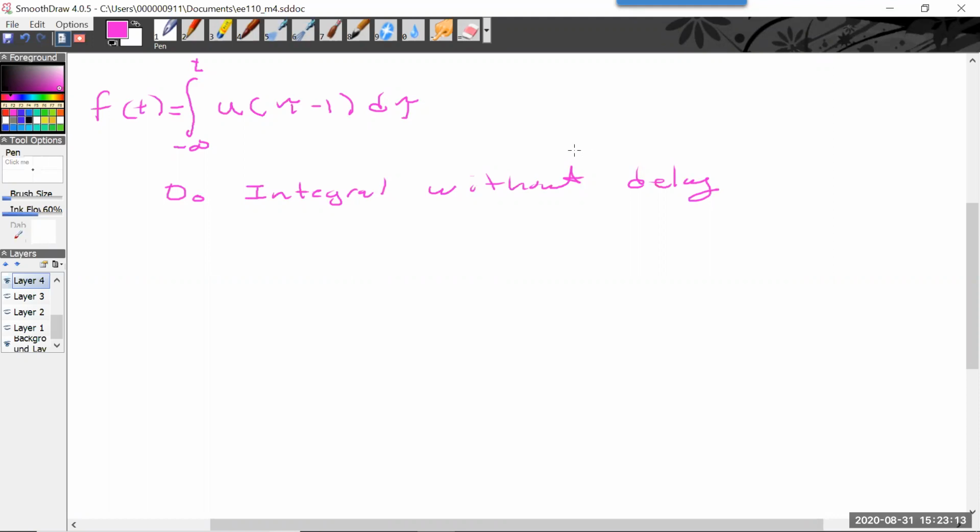What do I mean by dummy variable? All right, a little aside here, dummy variable. We're coming up with a function of t, right? And so mathematically, we can't integrate with respect to t when we're finding a function of t.